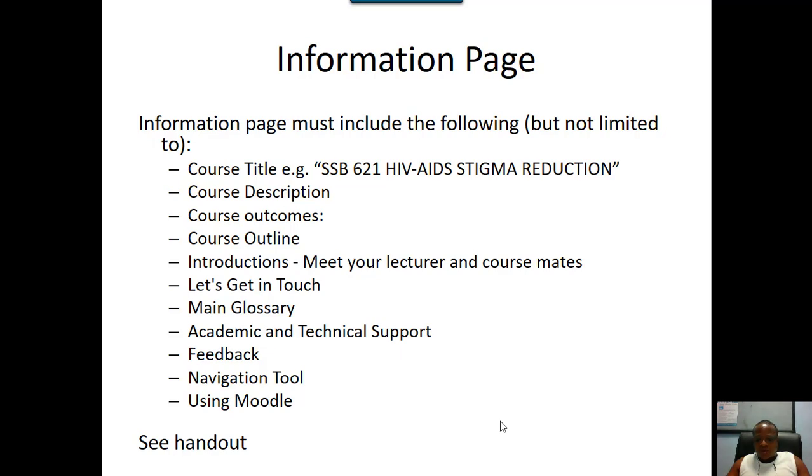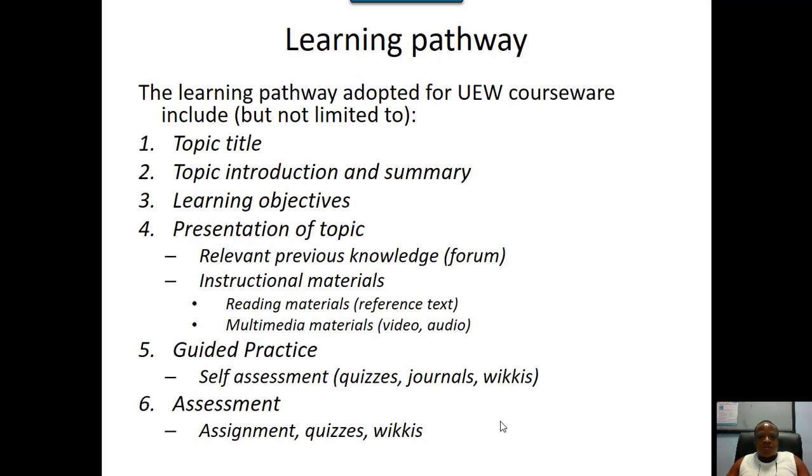Then after the information page, we have the learning pathway in which you want to present lessons. So you have maybe lesson 1, the topic title, then a short introduction and summary, then learning objectives, then presentation of topic. If you want to present, you need to solicit relevant previous knowledge. Then you give the instructional materials.